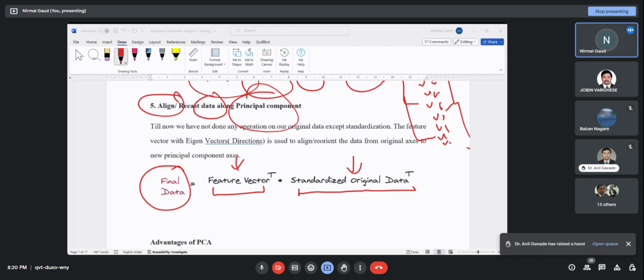Sir, in general, this algorithm is defined to get the principal components perpendicular only, as we discussed in the Cartesian system. That means we are actually presenting data perpendicularly.